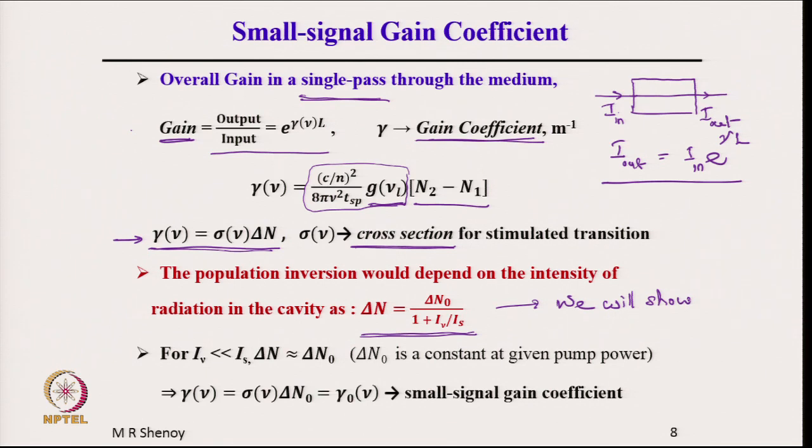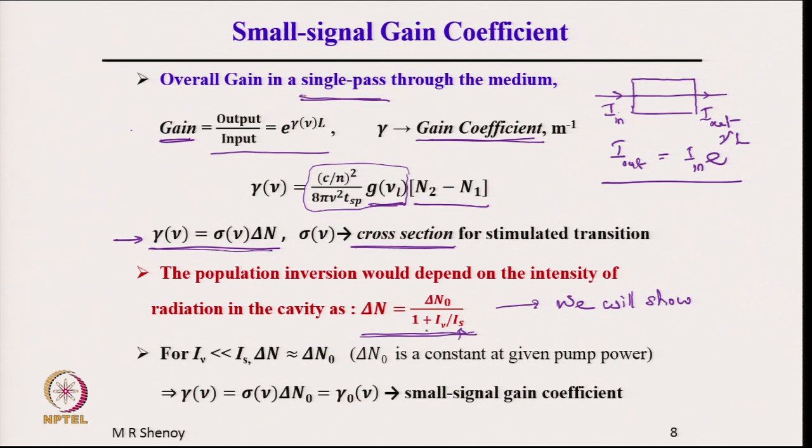We will show that delta n can be written as delta n 0 by 1 plus I nu by I s, where I s is a parameter called the saturation intensity. We will explain this in a minute, and I nu is the intensity of the input radiation, and delta n 0 is a constant for a given pumping power.